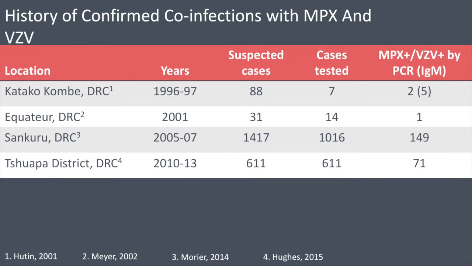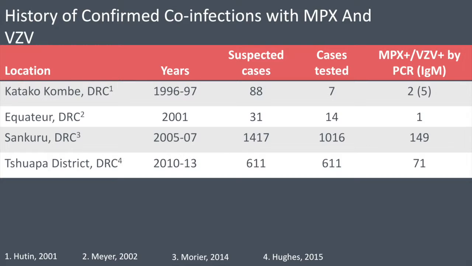The next report was in Equator province of the DRC, a little bit to the east of Sankuru. And there were 7 small outbreaks in this report. They were able to take samples from 14 cases, and only 1 of these cases tested positive. So there was co-circulation. There could have been more co-infection, but they weren't able to detect it.